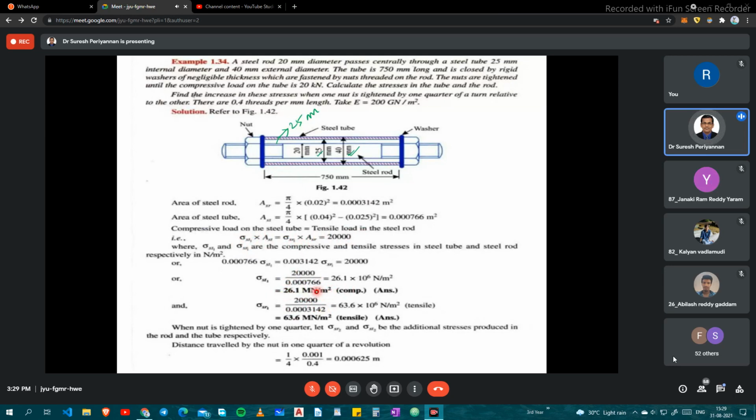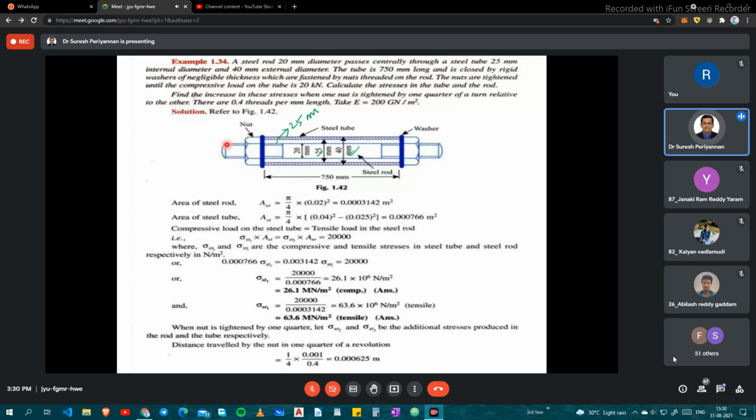The stress in the rod is 63.6 megapascal when the mechanism is subjected to 20 kilonewton.